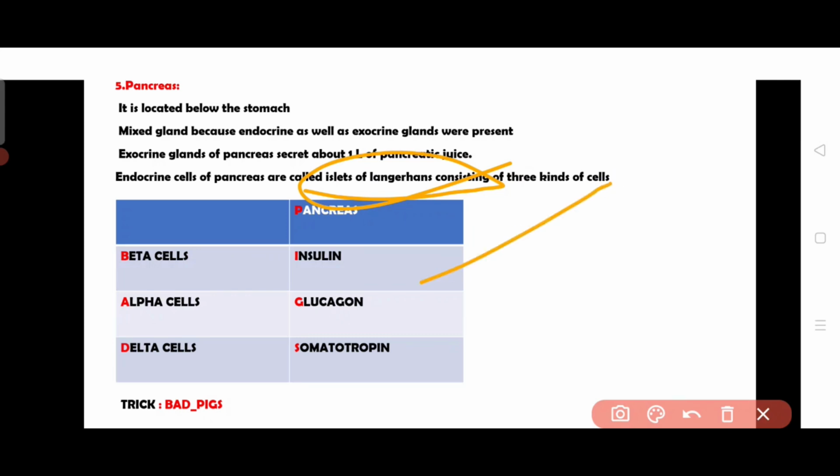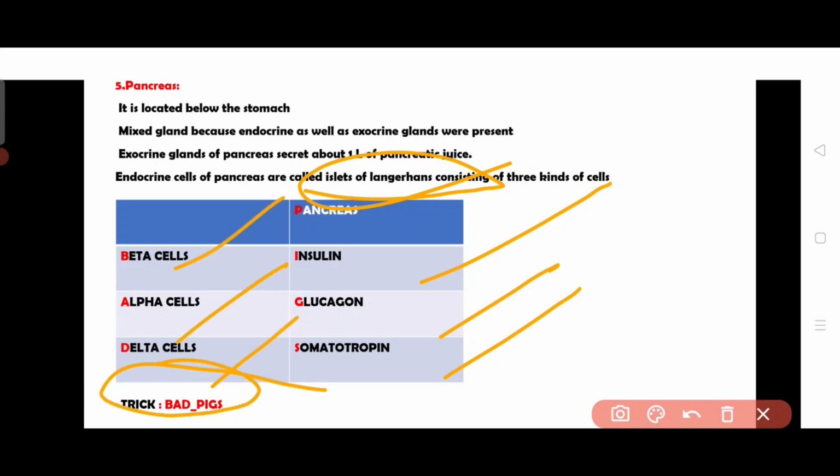Usually we have confusion between these cells, about which cells produce what. So let us learn with a trick, that is BAD PIGS. BAD: beta cells, alpha cells, delta cells.